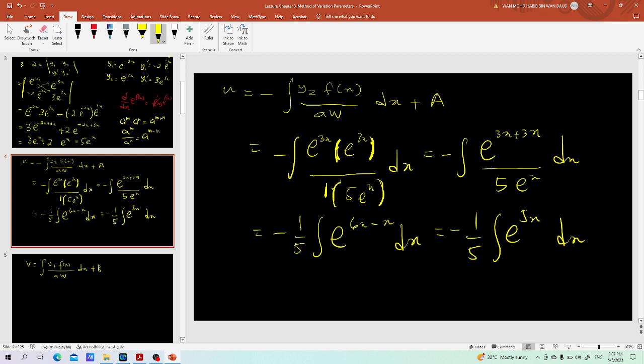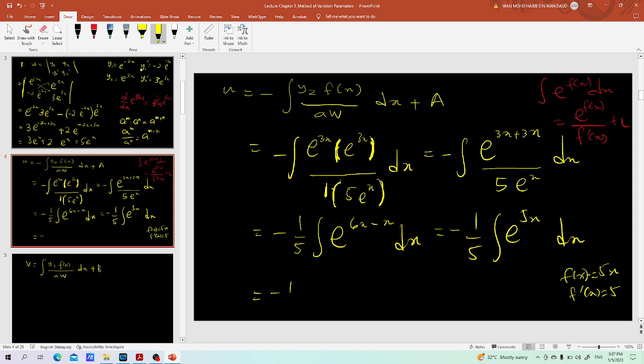So how to integrate this? The formula to integrate the exponential: integral of e^(f(x)) dx equals e^(f(x)) over f'(x), plus c. What is f(x) here? f(x) equals 5x, f'(x) equals 5.